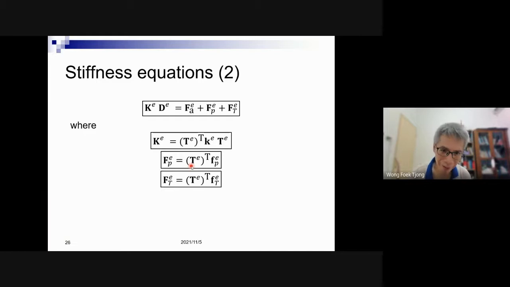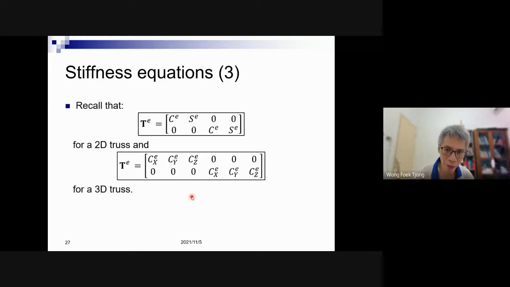For each element, like in your exam you had 4 elements or 6 elements before, you should compute all using this. I think this is the same as before, no problem. This is new. And then assemble as usual.